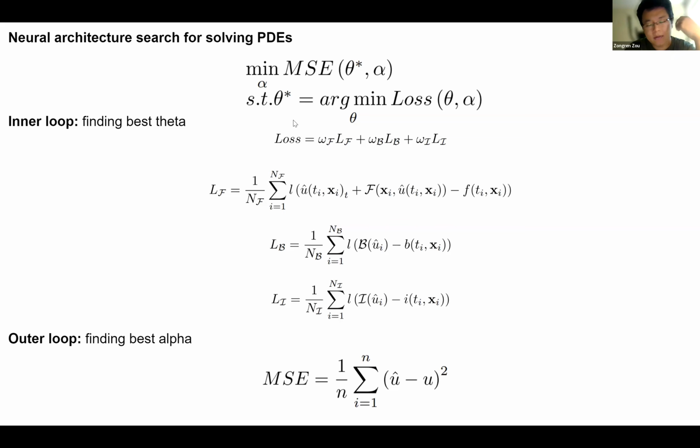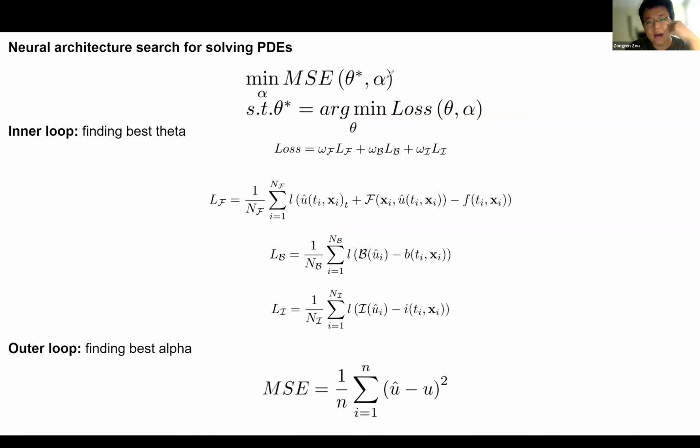Basically the same as DARTS. For theta star, which is the minimizer of training a neural network with a specific architecture, and for the optimization of alpha, the architecture parameters, this MSE loss is used. So the inner loop is finding the best theta, the best parameters, and the outer loop is finding the best alpha.